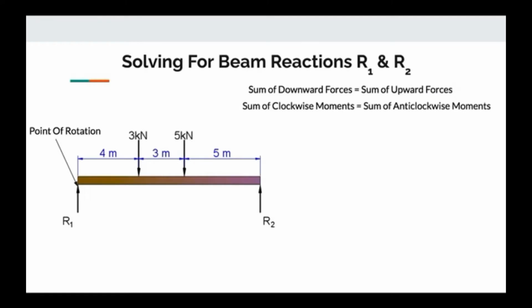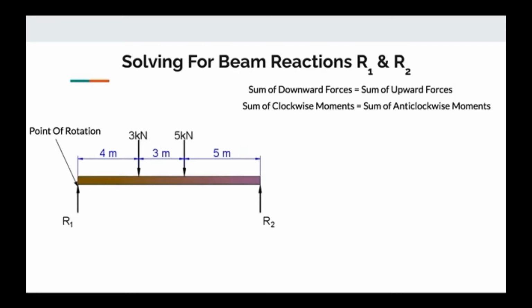Then you have the second formula. This is the sum of clockwise moments is equal to the sum of the anti-clockwise moments. Now, if you're taking moments from the pivot point R1, you would not consider R1 as a moment, because R1 would be 0. So the other moments that are left to consider are the moments of the 3 kilonewtons, the moments of the 5 kilonewtons, and the moment of R2 from the pivot point.